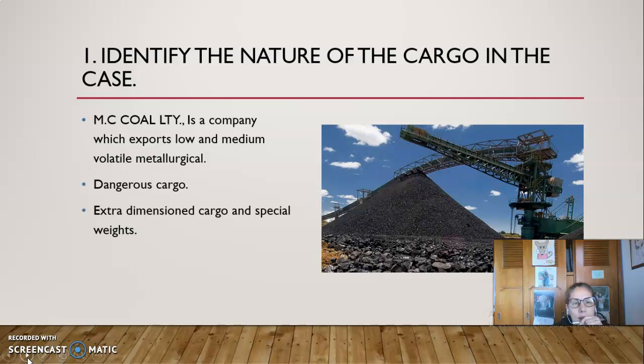One: Identify the nature of the cargo in the case. Mass Coal Limited is a company which exports coal and medium volatile metallurgical coal, dangerous cargo, extra-dimensional cargo and special weights.